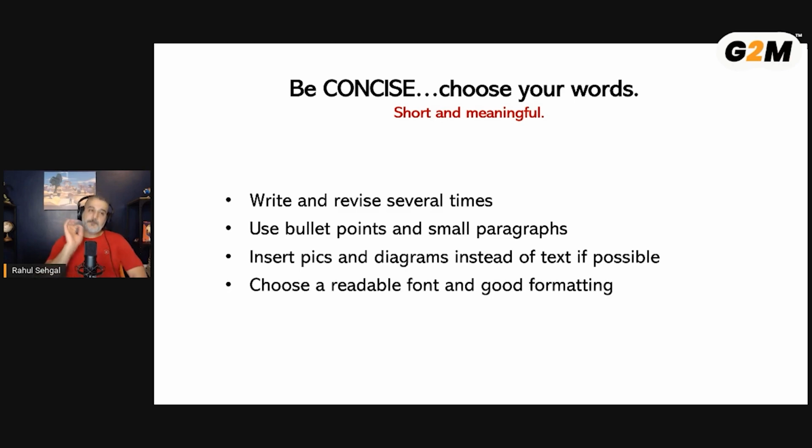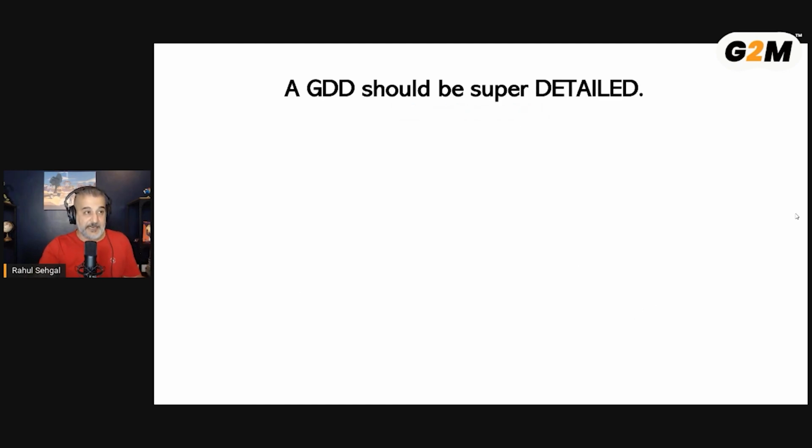It's also very important that you choose a readable font. Don't use a fancy font that looks beautiful but doesn't work. It should be pleasant on the eye, so that after 5 minutes you don't get a headache. Next one, detail. It's all about detail.